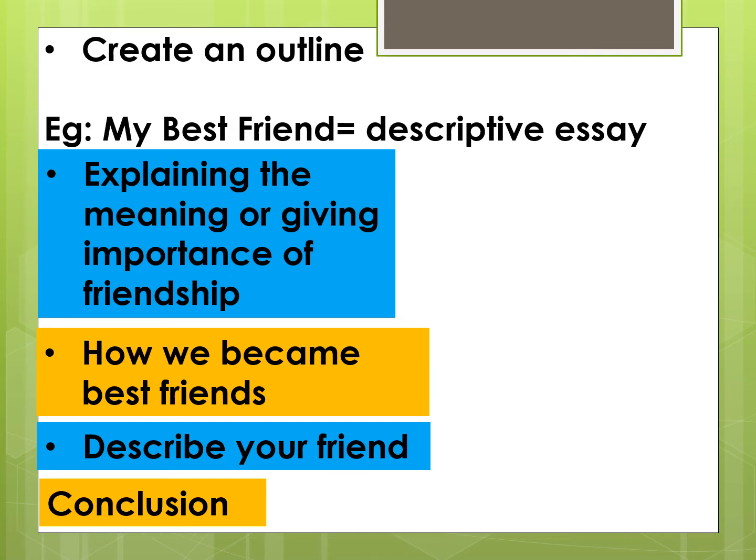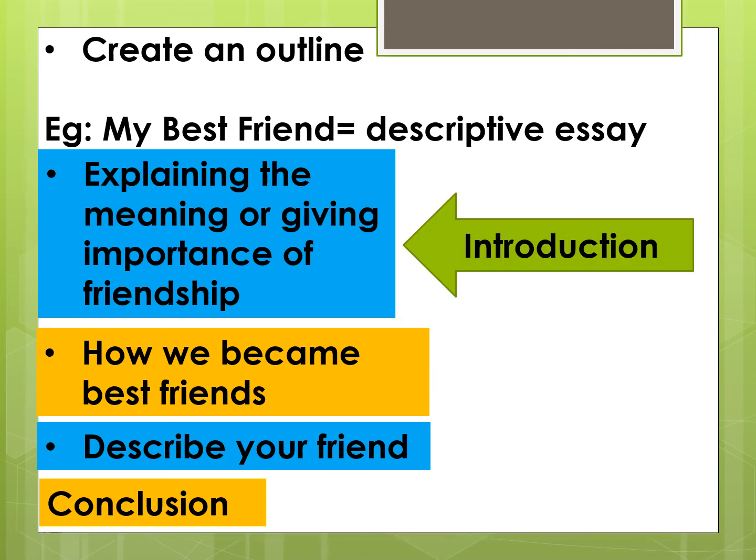My first point could form the basis of my introduction. That is my first paragraph. The second and third point could form the body of the essay, where I can add all details about my friend, and my last paragraph could be a concluding line that will indicate that I am ending my essay.